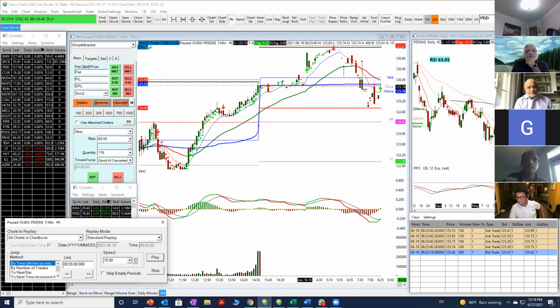Now let's take a look at this chart. On your right, you see the daily chart. Probably you don't see anything. It's just wavering. The stock was in a downward trend, but it's moving up. For the last 2 consecutive days, it has moved up. This was green, this was green.